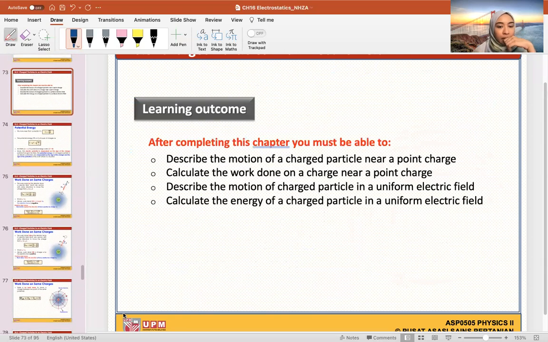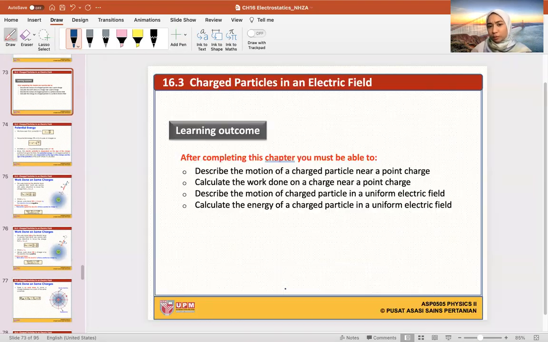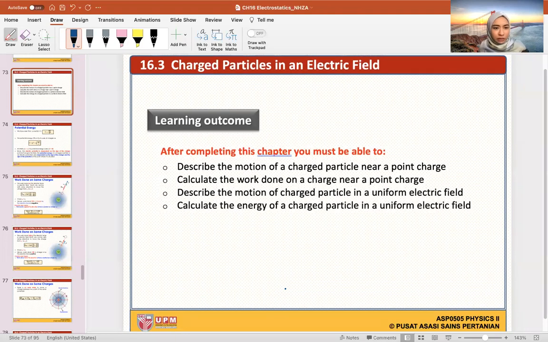Okay. So we are moving on to the next subtopic. The topic is about charged particles in an electric field. To me, this subtopic overlaps with the previous ones that we learned so far, which is W equals minus delta PE, and V at a point is the sum of V's, a scalar quantity.